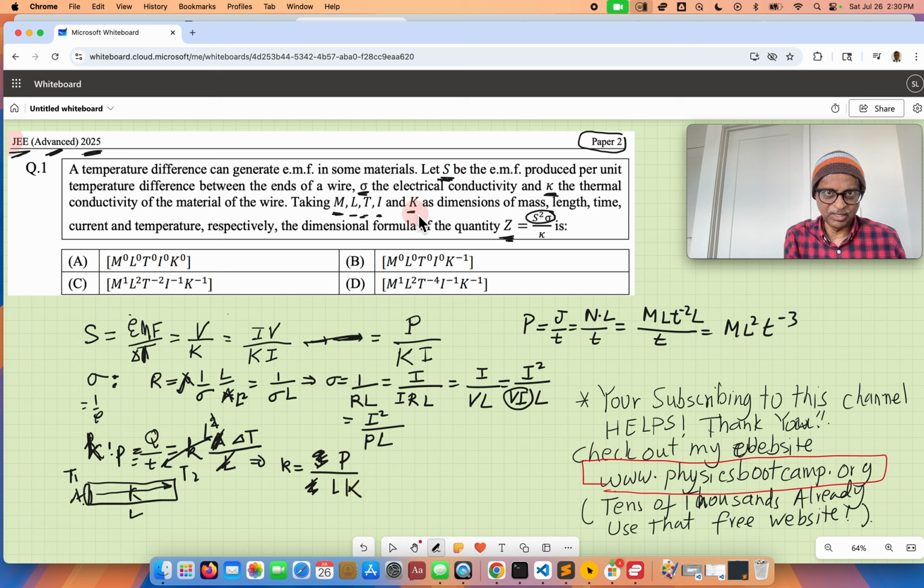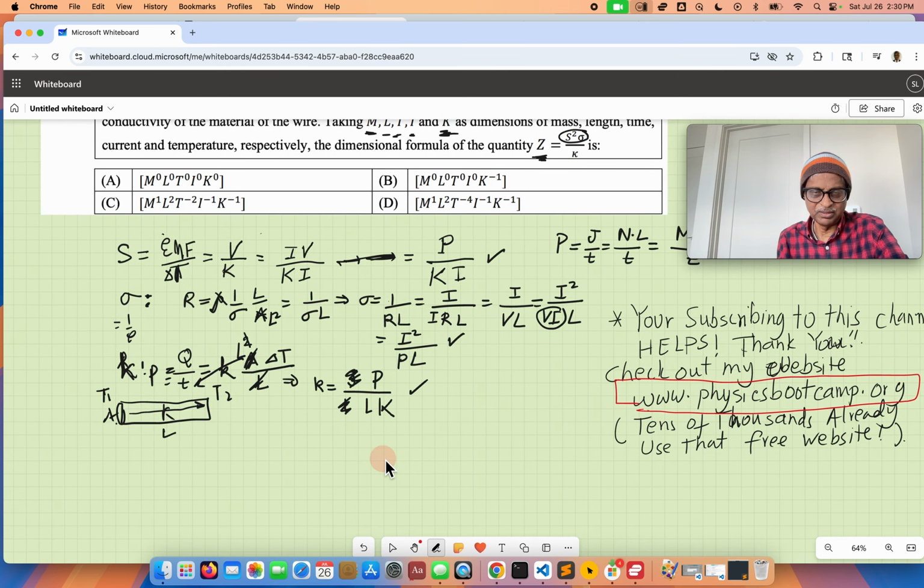It says use the K for the temperature, unit Kelvin. So kappa looks like this, sigma looks like that, and S looks like that. And let's see, we put in there just those little formulas, see what's going to turn out. I bet it's going to simplify.